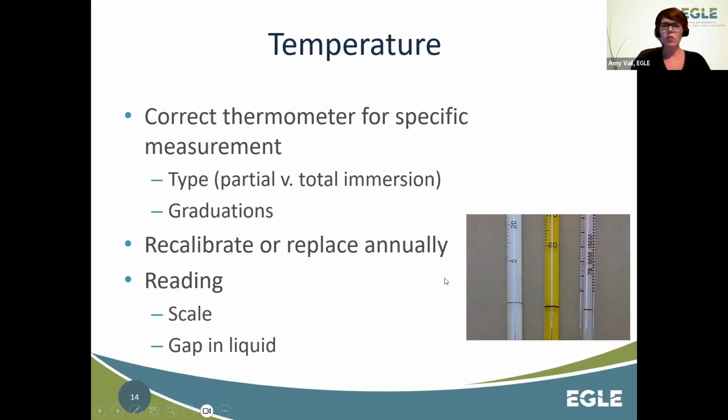It's good practice to look at these thermometers over time and look at how the temperature can change. I know certified laboratories have to send their thermometers in to be recalibrated. It says recalibrate here, but they compare them to a NIST certified thermometer, and then they give a variation.